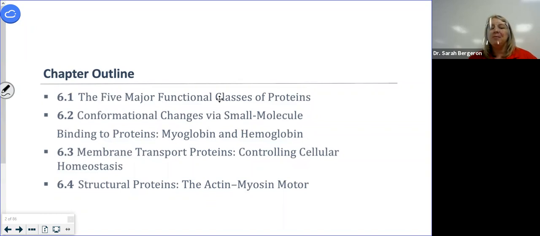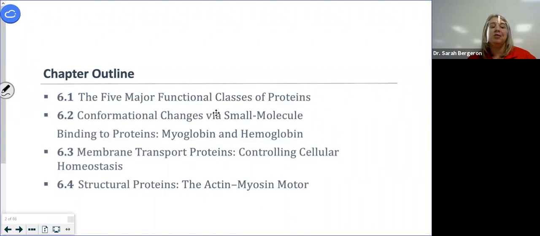And there are 5 major classes of proteins. Now, not all proteins are going to fit in one of these 5, and some proteins are going to fit in more than one. But these are the most common classes of proteins inside of the cell.